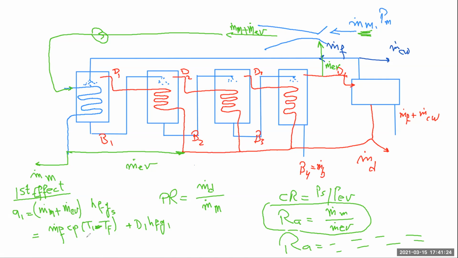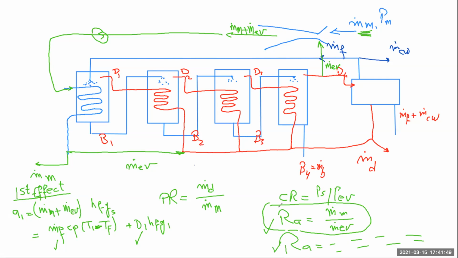And to obtain the value of m dot m and m dot EV, we have this expression of RA. Normally for this kind of problem, there are ways to calculate m dot F and ways to calculate D1, so this right-hand side of the equation is known. Then the only unknown becomes m dot m plus m dot entrained vapor. We have another equation that identifies the relation between m dot motive and m dot entrained vapor, where RA is obtained through an empirical formula.